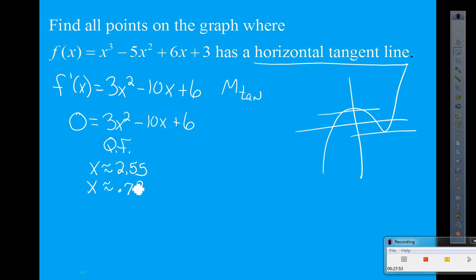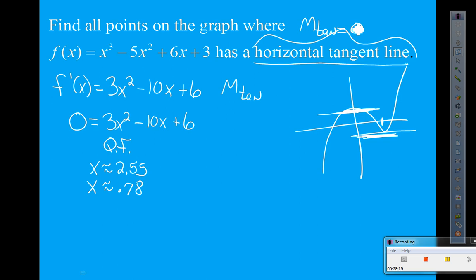So I know when x is about 2.55, I'm going to have a slope of 0, and when x is about 0.78, I'm going to have about a slope of 0. So not a terrible graph, we're just guessing. But as soon as it said horizontal tangent line, you had to think what the slope would be. That means the slope of the tangent line is 0.